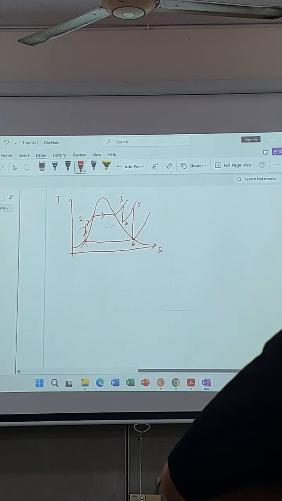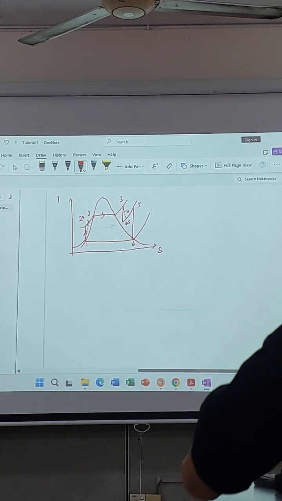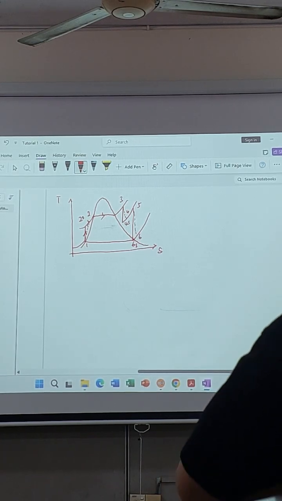Don't forget, we are talking about an actual cycle here. So this 2s, there should be a 2 here. This should be a 4s and 4, or 4a or 2a, depending on how you want to do it, or b here.